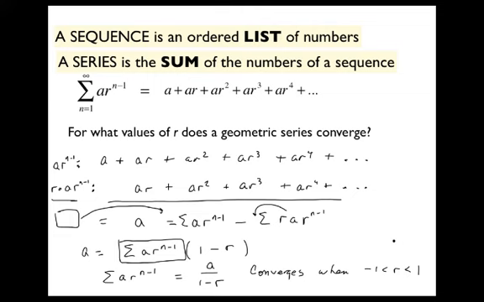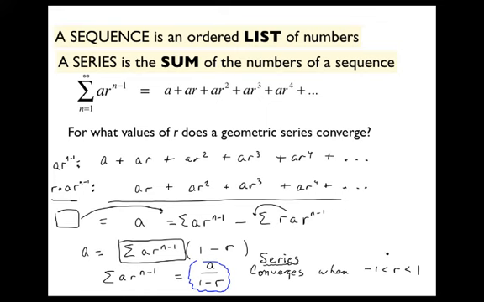But this little trick here showed us exactly what number it will converge to: a over 1 minus r. So now I'm talking about the series. It converges to this number when r is between -1 and 1.